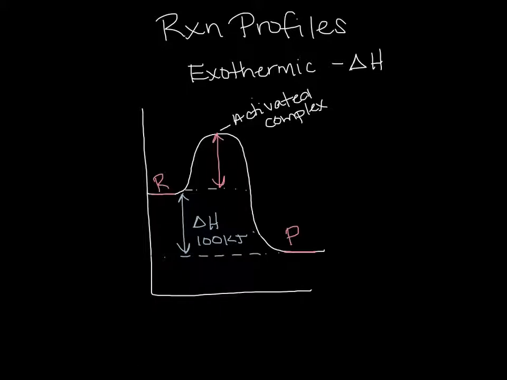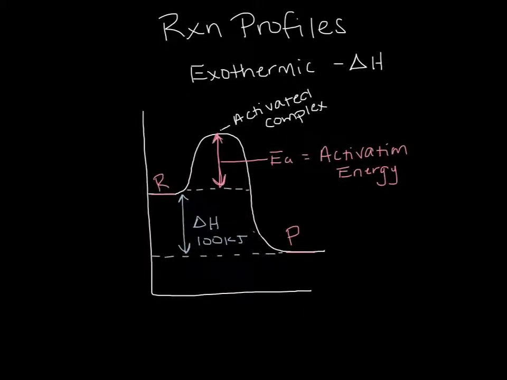So this red arrow between the energy of my reactants and my activated complex is called my activation energy, or EA for short. So activation energy. And my activation energy is just the energy needed to get my reactants to the required energy for the reaction to happen. Okay?